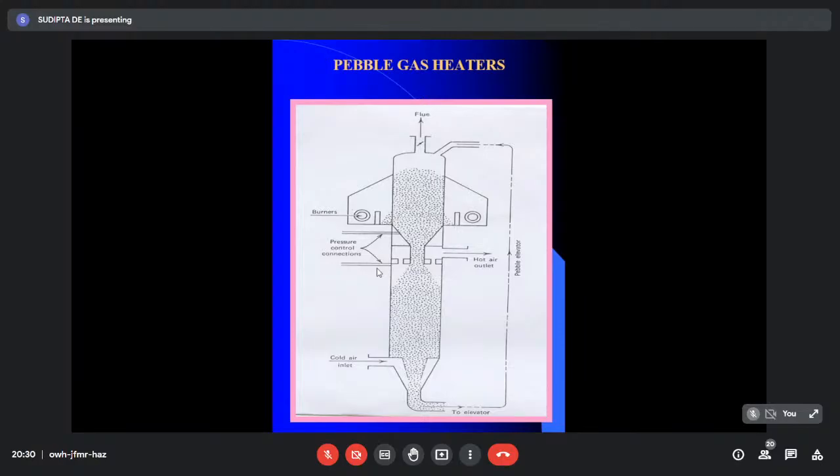Otherwise, pebbles flow due to gravity from the upper to the lower chamber.